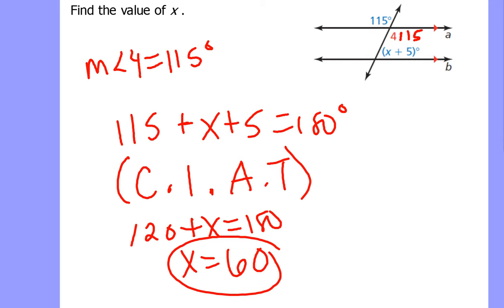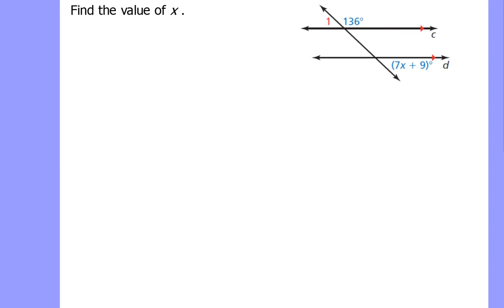Consecutive interior angles theorem. All right, let's take a look at one more. In this example, we see a pair 136, 7x plus 9, and again the goal is to find the value of x. Well, if you remember correctly, we technically do not have an angle pair relationship for these two outside values.